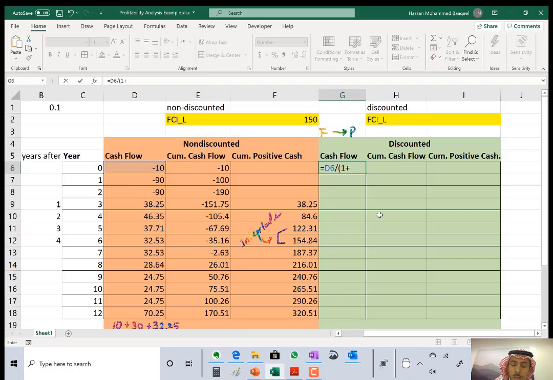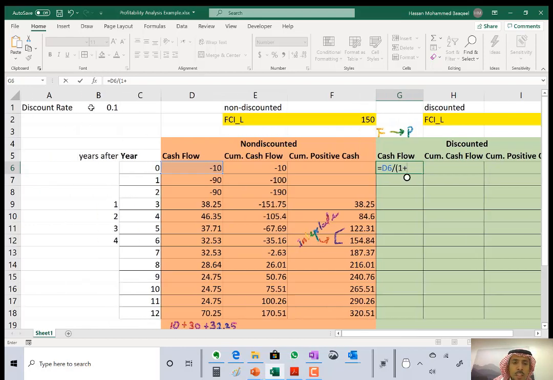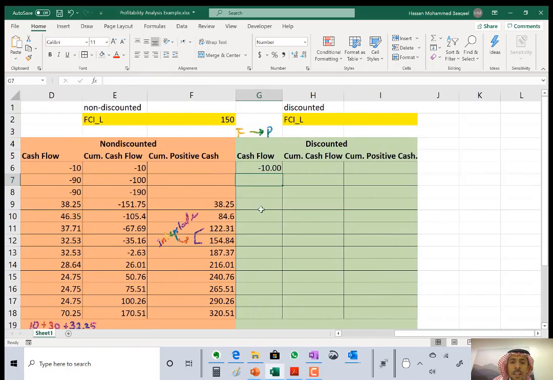We divide by, if you go to the table or the previous chapter, 1 plus the discount rate, in this case 10%, to the power n, and n here is equal to 0. Clearly the answer is -10, because at the present time cash flow is equal to discounted cash flow.